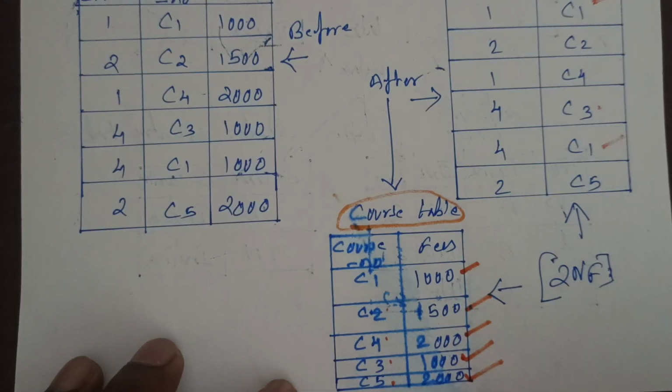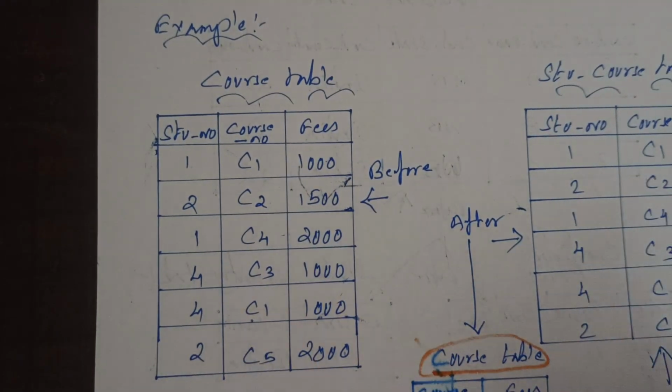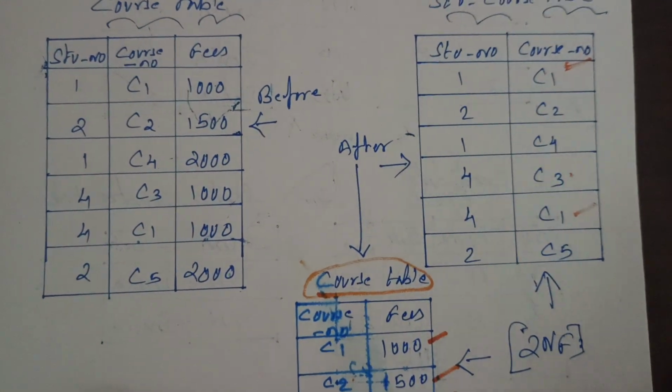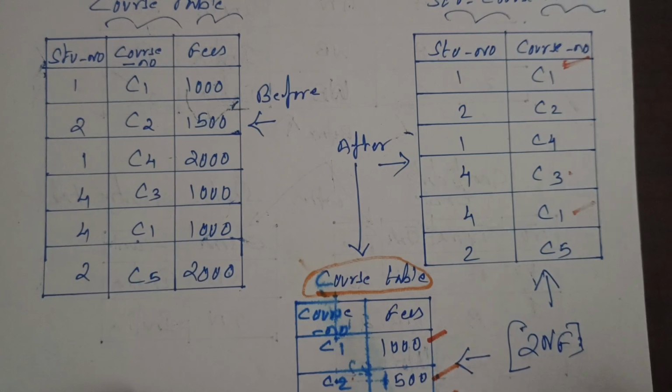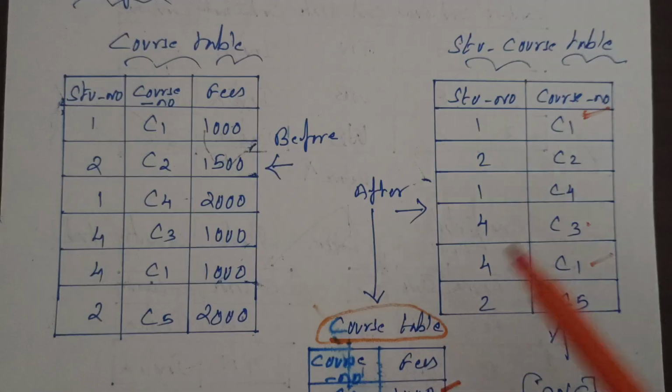So this may get repeated values, and these repeated values were partially dependent before, that is in the main table. But here, after applying this 2NF, these partial dependencies have been eliminated with this separation of tables.